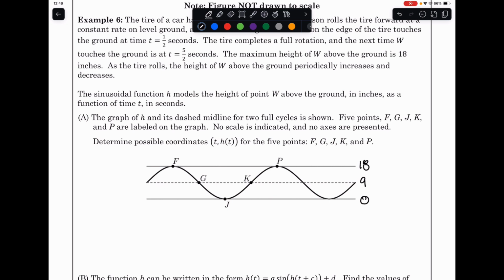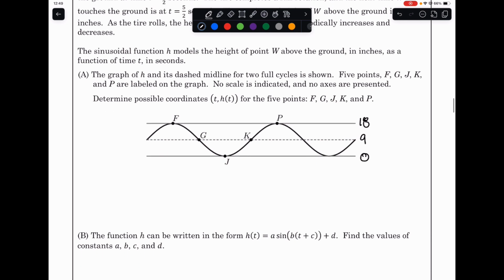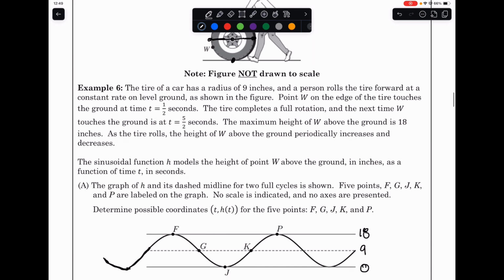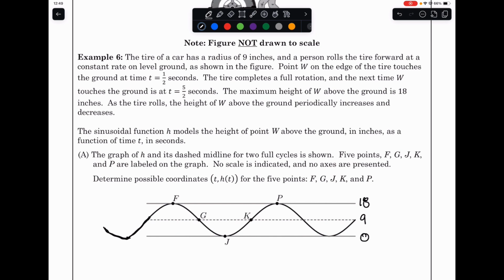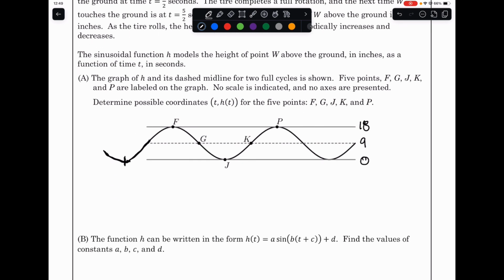Now let's figure out what the times are when that point W is going to reach these maximums, these mids, and the minimum. Well, we know that the first time it reaches the minimum is at 1/2 second. So at this point right here, it's not going to be 0. This is going to be 1/2.